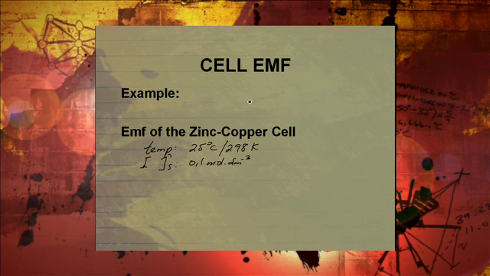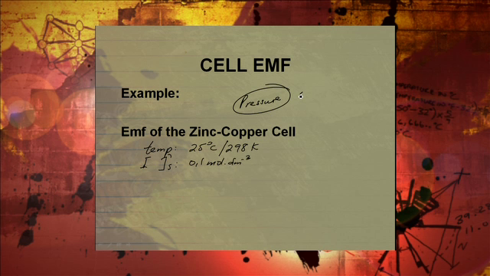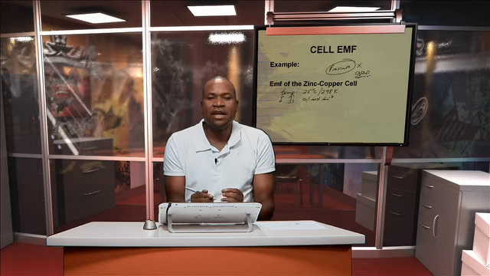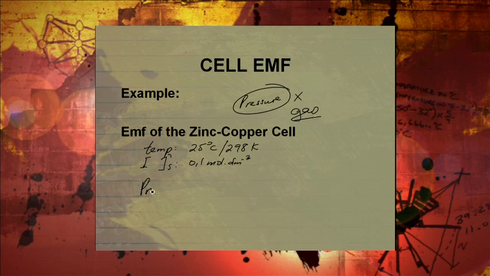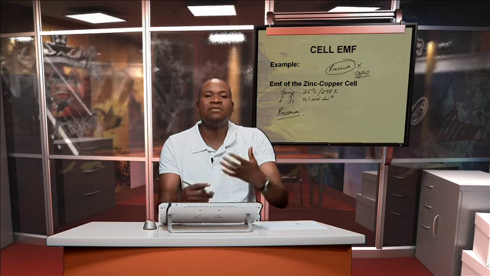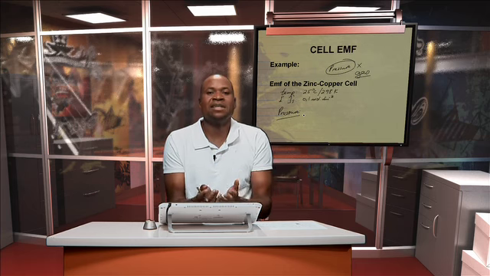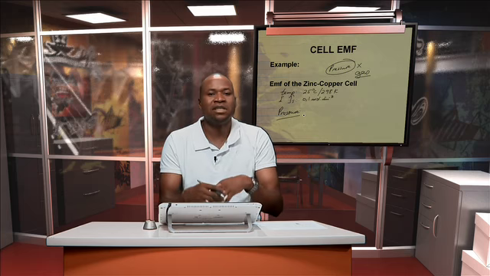Now, the condition on pressure does not apply to this galvanic cell we're talking about, the zinc copper. Why? Because there is no gas. There is nothing that is gaseous there. The third one, which is pressure, will apply if we're having a galvanic cell that involves some substance that is gaseous, like hydrogen, oxygen, nitrogen, whatever gas you may think of.